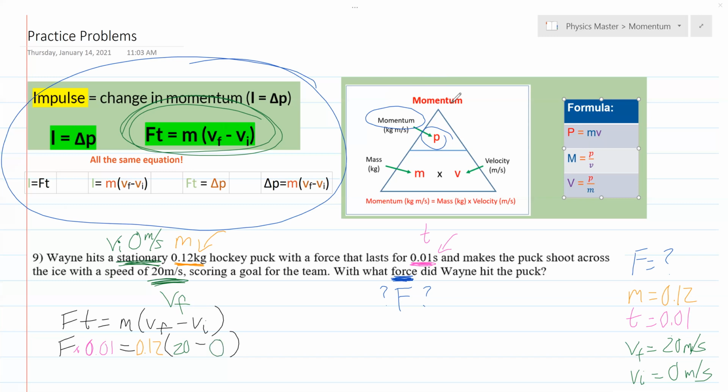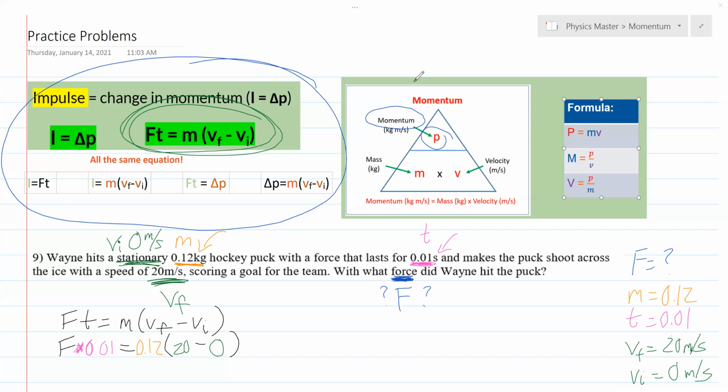All right, now we got everything plugged in. Now we're almost to the point where we can use the calculator. Is that x times? Yeah, it's times time. 0.01? Yes, times. Okay, F times 0.01.